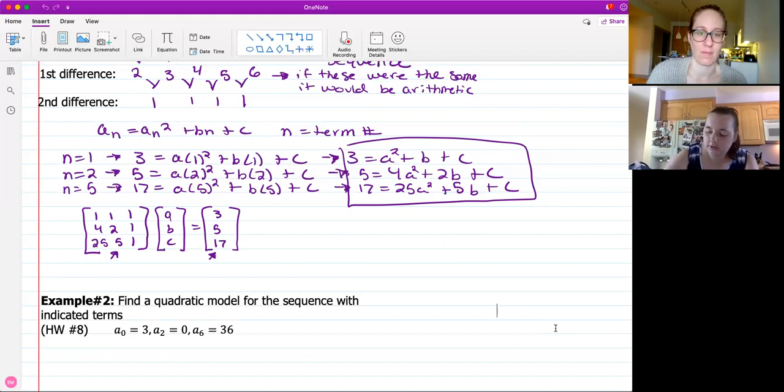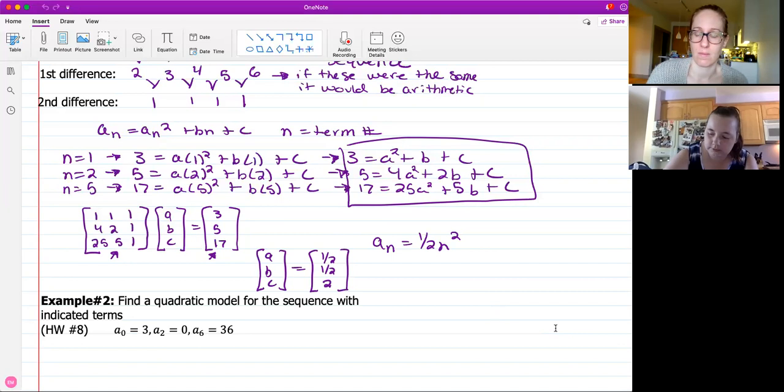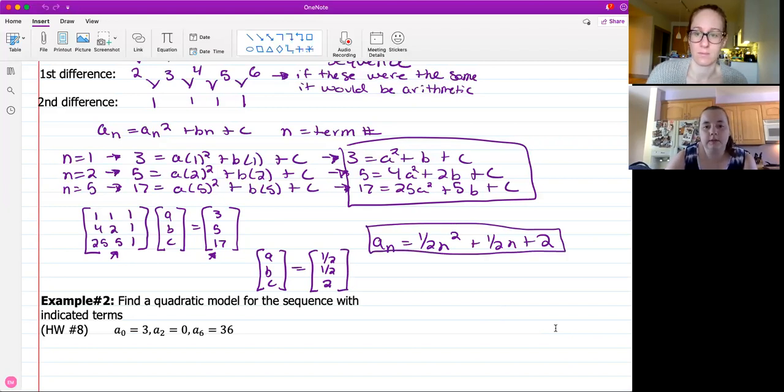And then your answer should come out to a, b, c is equal to 1/2, 1/2, and 2, which means that your equation is a sub n equals 1/2 n squared plus 1/2 n plus 2, just like that. So really the only difference today is that you have to find your 3 equations before you can put them into your matrix. But hopefully that makes sense.